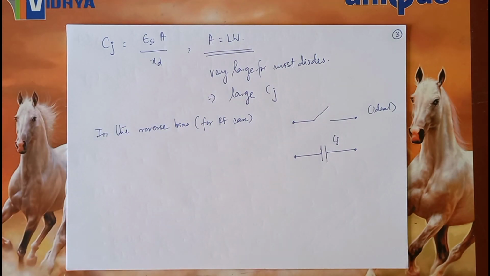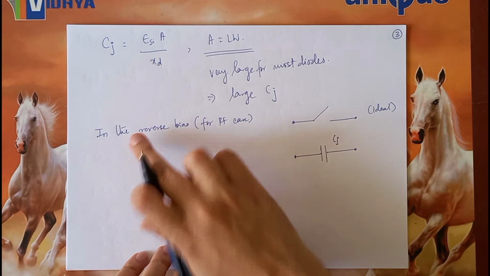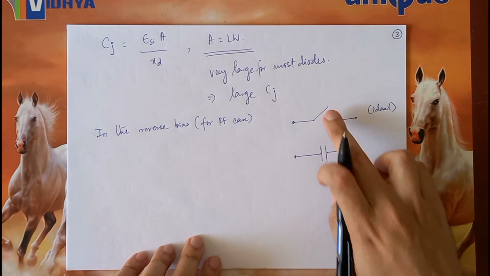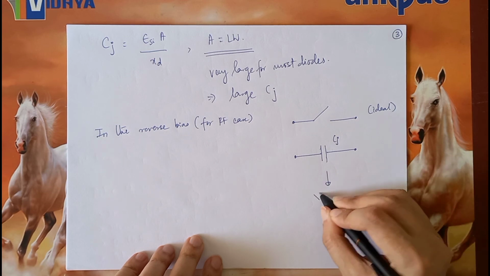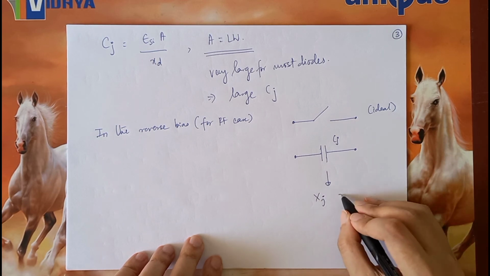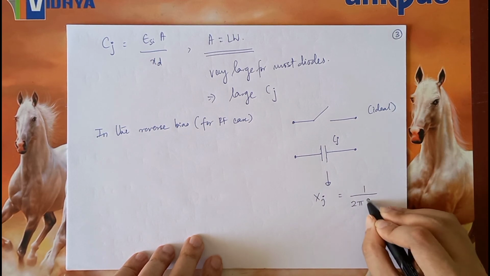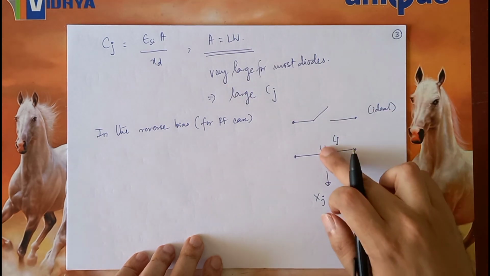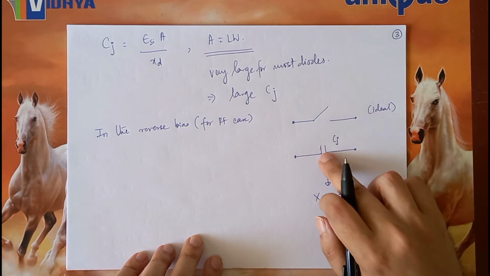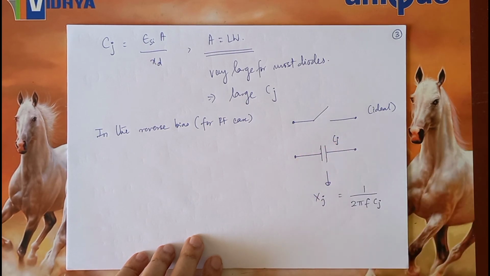Therefore, effectively for a high frequency signal, the diode acts like a capacitor, and this will have a reactance Xj that is equal to 1 by 2 pi F times Cj. So if F is increasing and Cj is very high, this Xj will become very, very small, and therefore it will behave almost as if there is no open circuit.